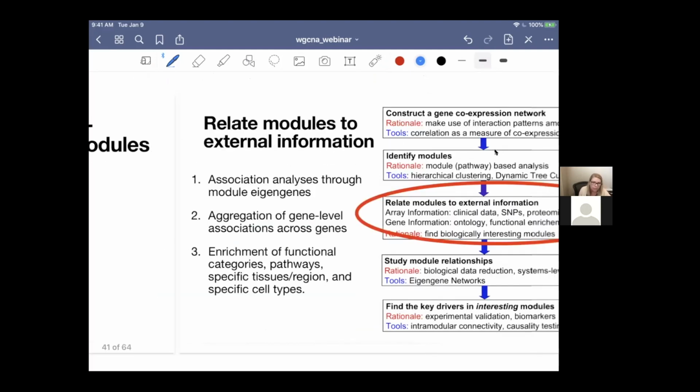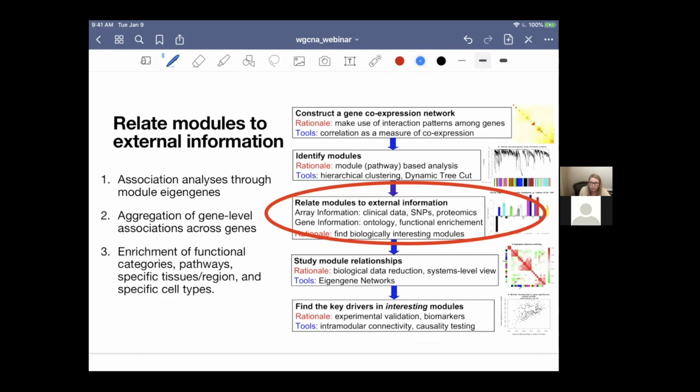And so the next step is, how do we relate modules to external information? We have several different options, and the three that I'm going to talk briefly about today are: we can associate these modules directly to external traits that are quantitative through module eigengenes. We can also test every one of the genes in the module for their association with a quantitative trait and then aggregate those results, rather than aggregating before the association.